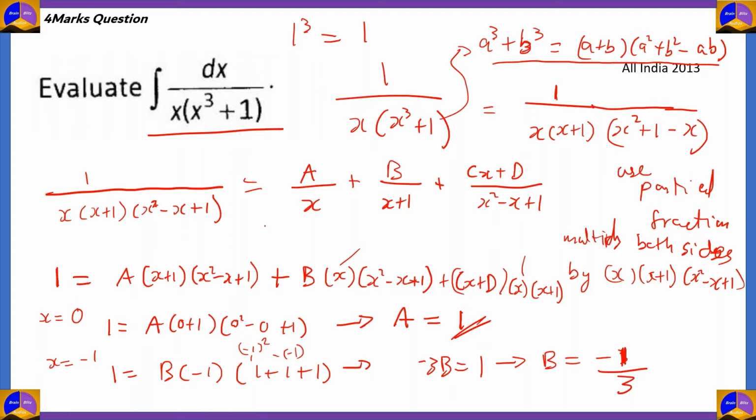So when you're multiplying, for instance, the term a into x plus 1 into x squared minus x plus 1, if you multiply x plus 1 to x squared minus x plus 1, there'll be one term with the value of x cubed. So x times x squared will be x cubed, and that x cubed will always be multiplied with a.